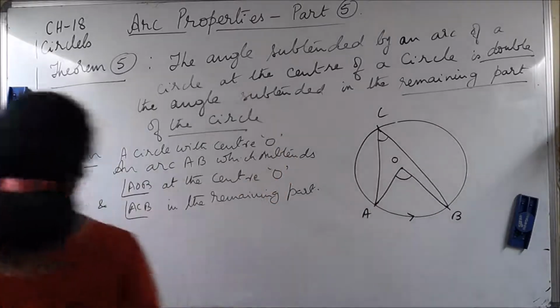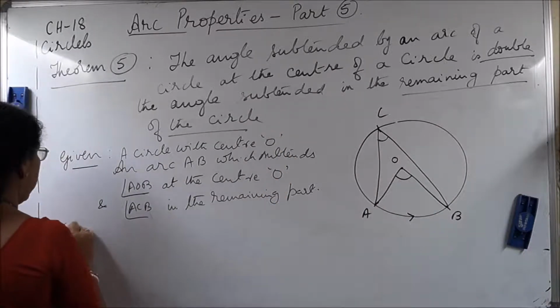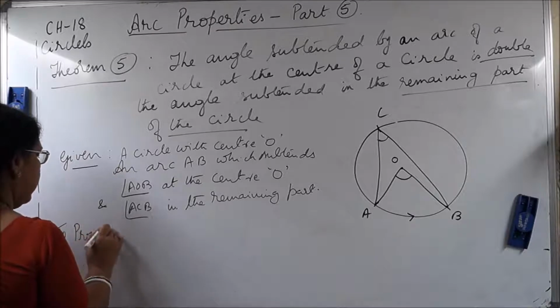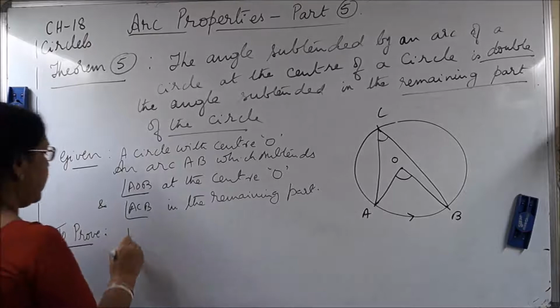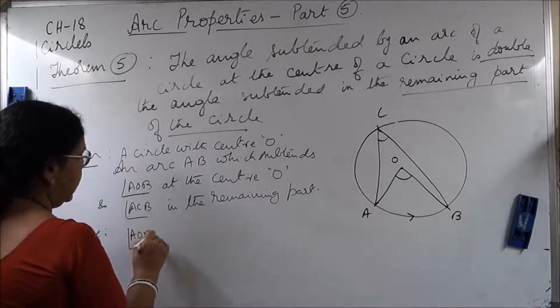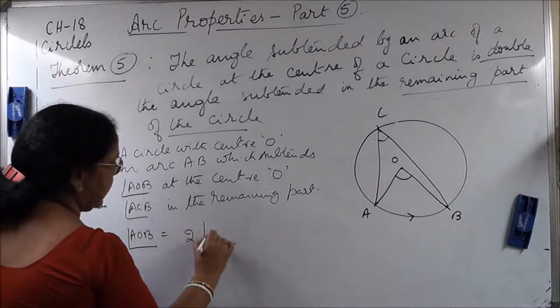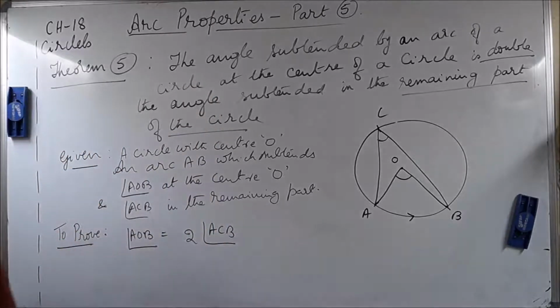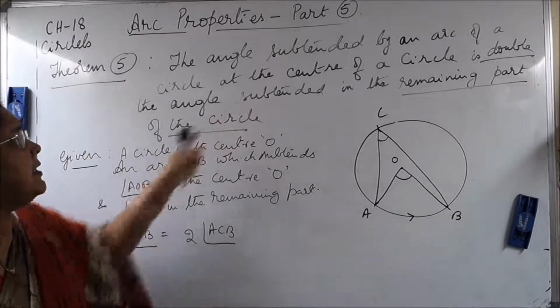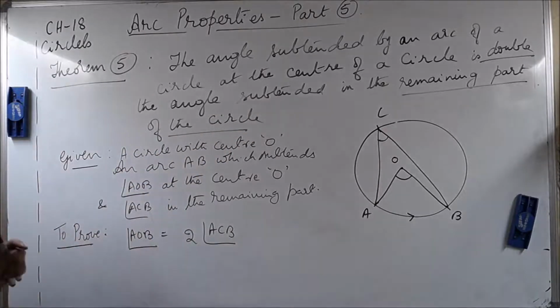Now what is to be proved or verified? We have to verify that according to this theorem, angle AOB is equal to twice angle ACB. The theorem is already proved. We are verifying whether it is really double or not. So that we have to verify.